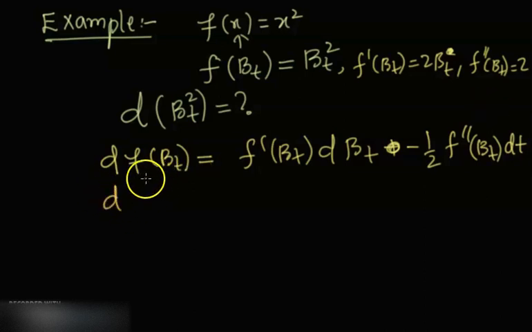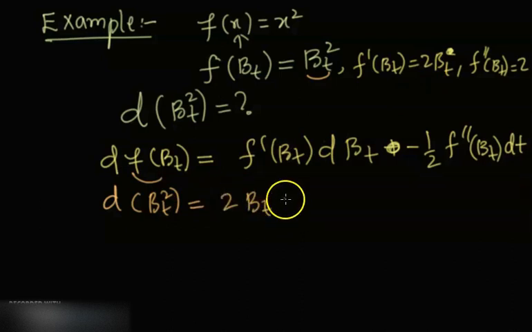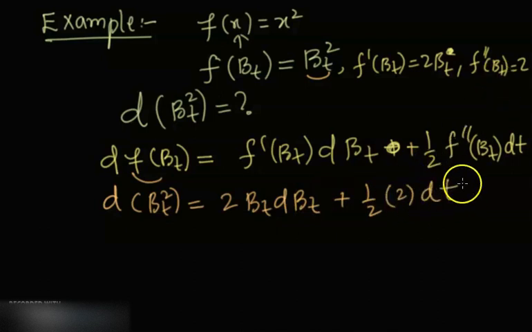So it's going to be, here I'll put this function's value B_t squared equal to, first derivative, which is 2 times B_t dB_t minus 1/2, it's basically plus 1/2 times the second derivative, which is 2 dt.